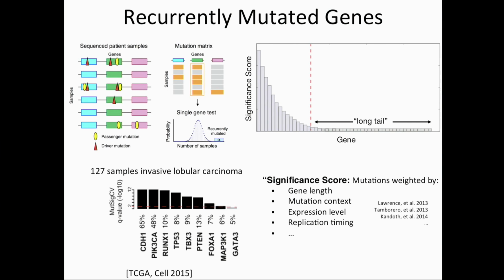OK. So I simplified things a little bit, in the sense that for this significance score, one actually takes into account many different features of genes, like the gene length, the expression level, and the replication timing. But all the approaches that have been designed to identify important genes or driver genes by looking at one gene at a time will not be able to assess the significance of the genes that are mutated with a small frequency.